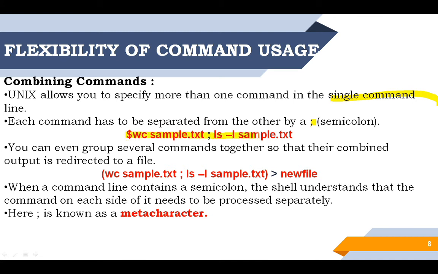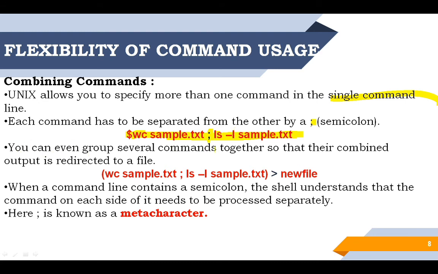Just see the example here. Here we are executing two commands, wc and ls, where wc is used for word count and ls lists the files. So we are executing the two commands in a single line, separated by a semicolon.